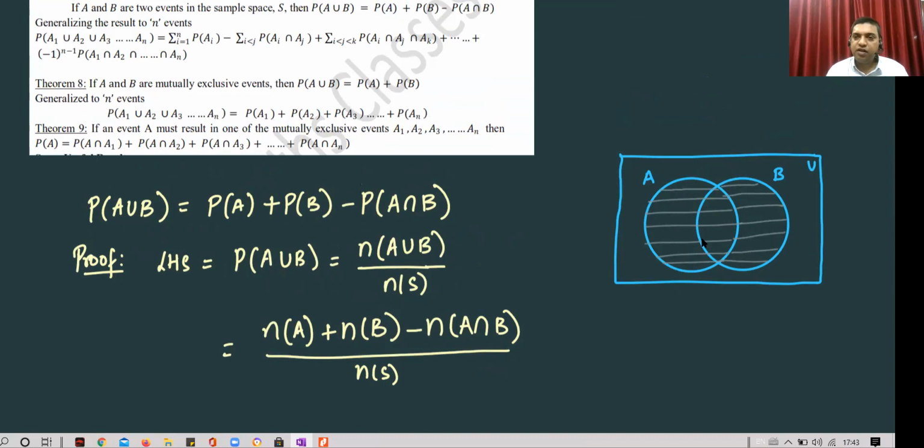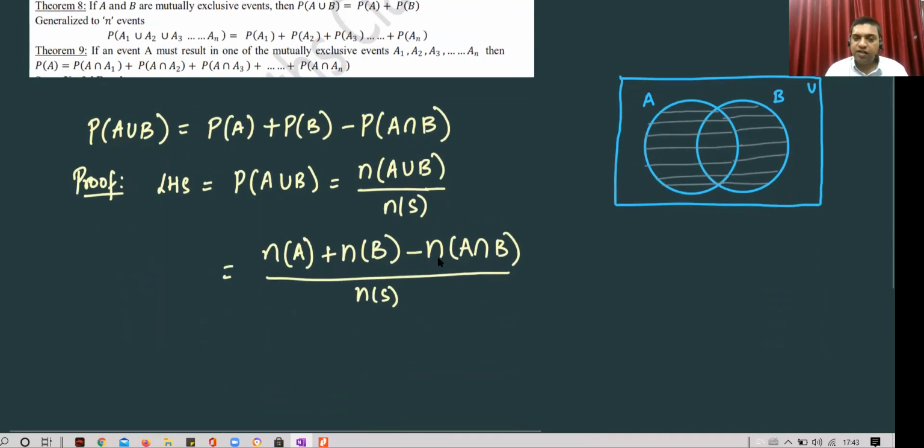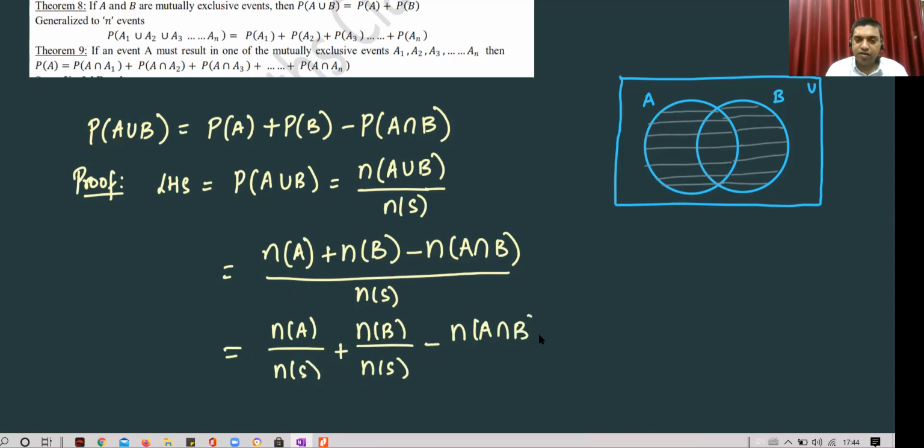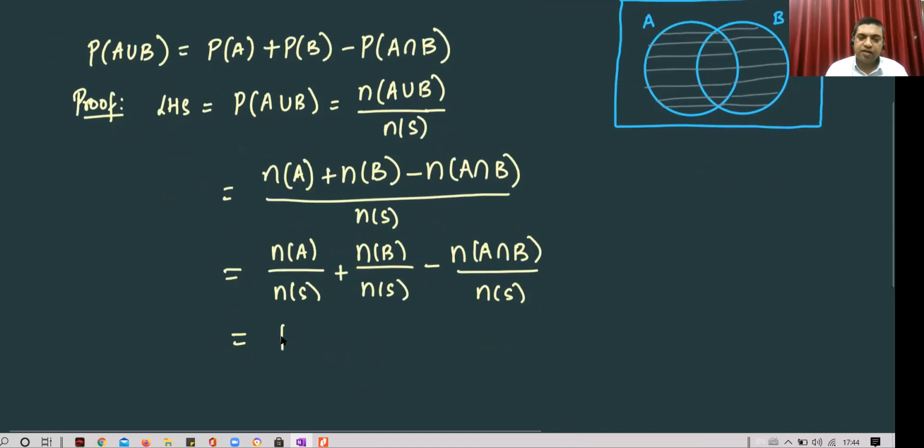So we have to count it once, so we eliminate it once. So we get N of A upon N of S plus N of B upon N of S minus N of A intersection B upon N of S. So we get probability of A plus probability of B minus probability of A intersection B.